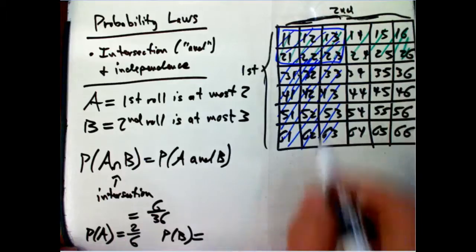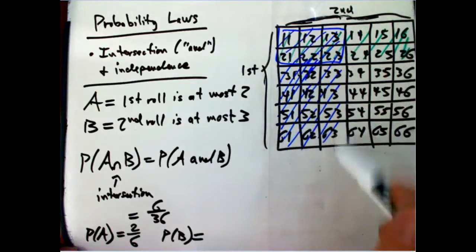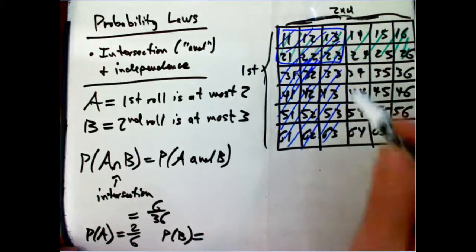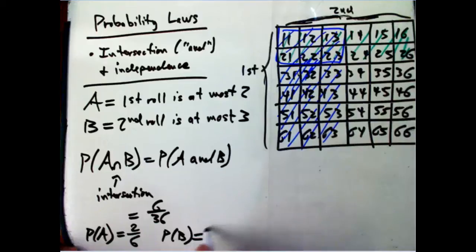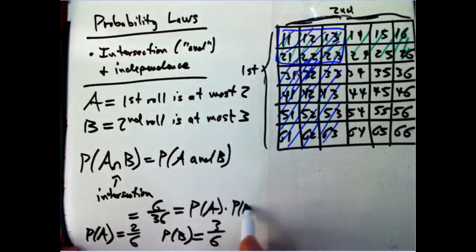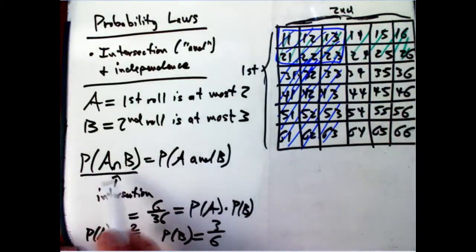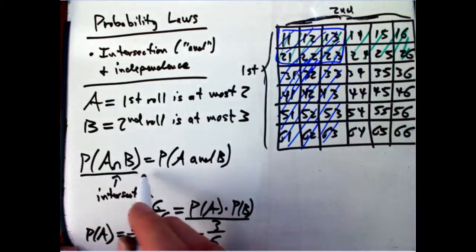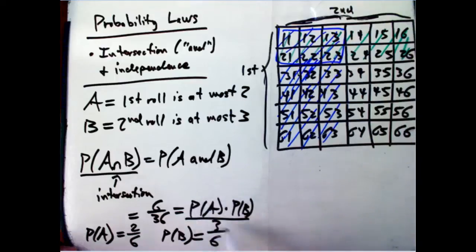The probability of B, similarly, we could write down as 18 over 36, but it's a little bit silly because it's complete columns. It's 3 complete columns out of the 6 columns. Aha, notice that this is the probability of A times the probability of B. So at least in some cases, the probability of the conjunction, the "and" or the intersection, all these equivalent words, of 2 events is the product of those probabilities.